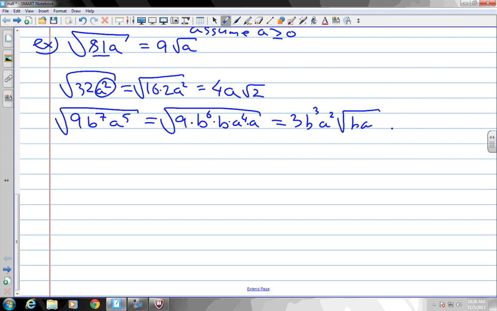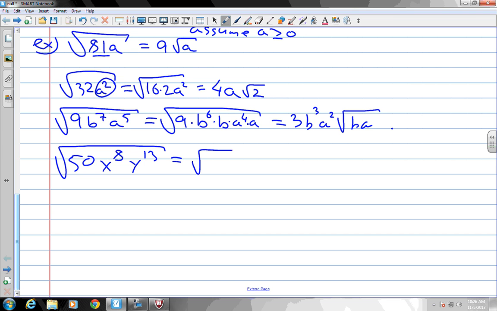Yeah? Let me do another one. Square root of 50 x to the power 8 y to the power 13. So again, the first step that I'm going to do, I'm going to split each component into products of a perfect square and something else. So we already dealt with 50.